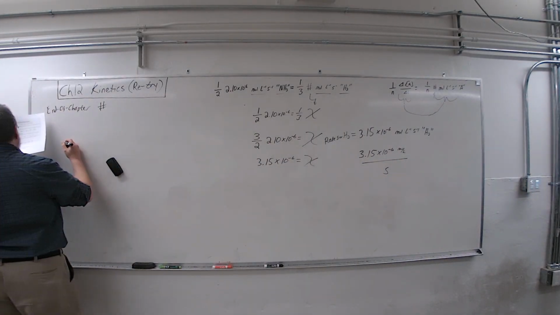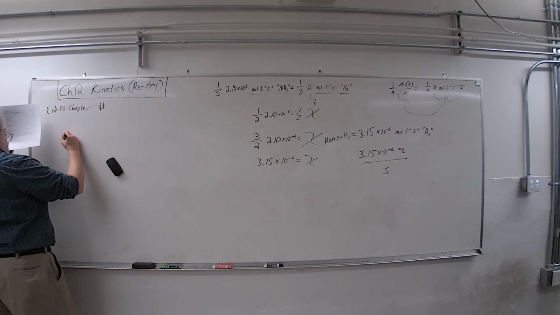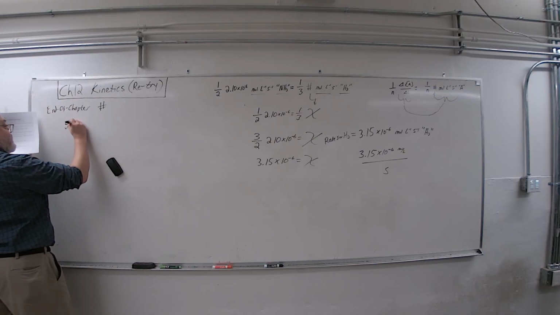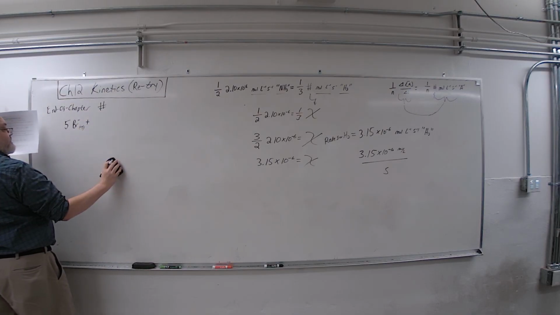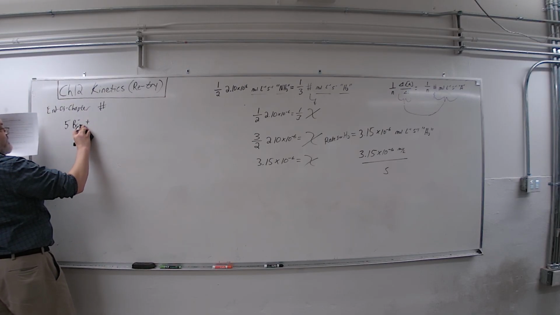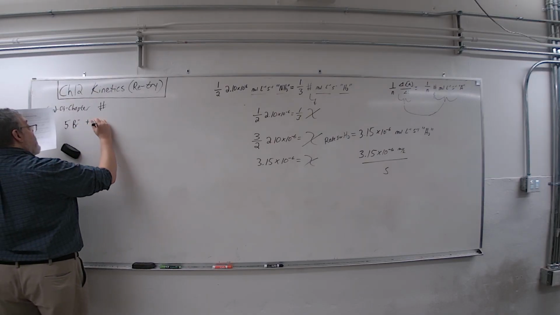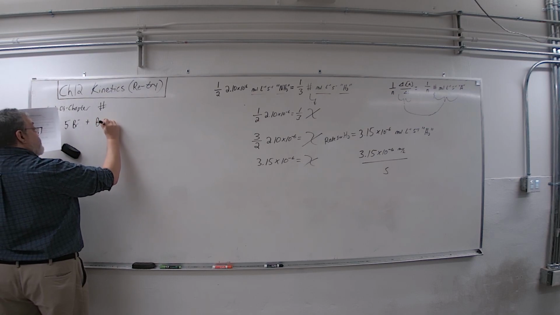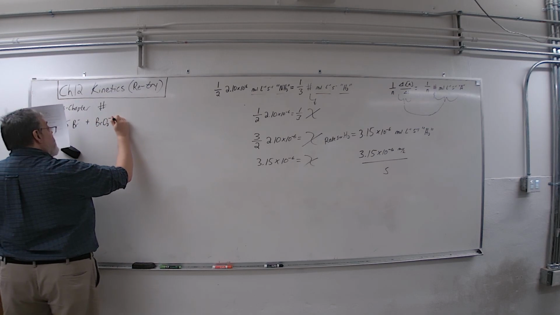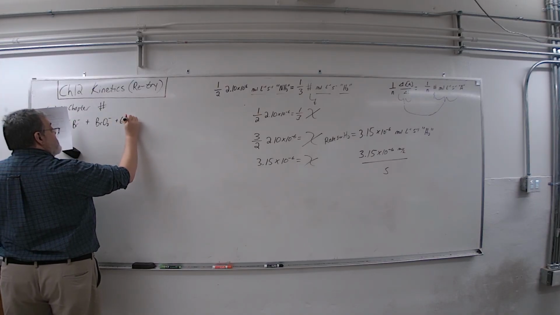So they give you this. Br negative. They have aqueous here, but all those designations don't change anything for what we're doing, so I'm not going to put aqueous there. Plus BrO3 negative, plus 6H plus.